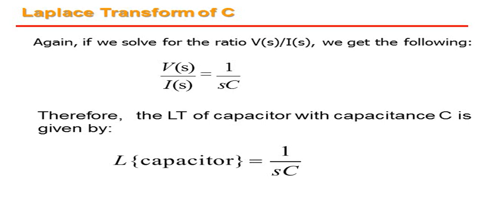Again, we will solve for the ratio V(s) divided by I(s). Then we get V(s)/I(s) = 1/sC. Therefore, the Laplace transform of a capacitor with capacitance C is given as 1/sC.